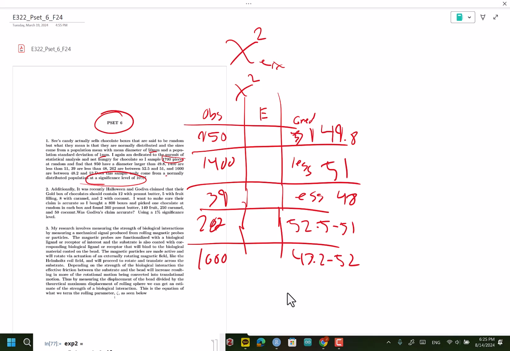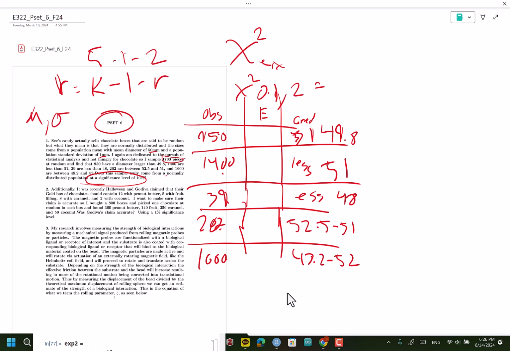Our alpha is going to be 0.1, and our nu equals k, the number of categories, which is 5, minus 1 minus r, the number of fitted parameters. For a normal distribution we're fitting a mu and a sigma, 2 parameters. So our nu is going to be 2.